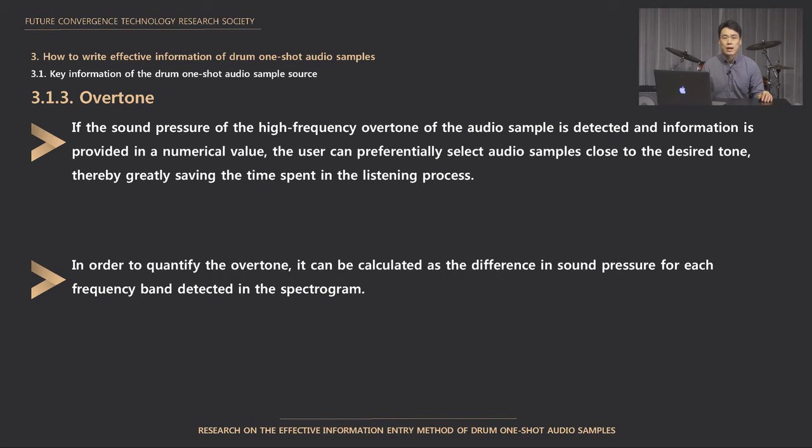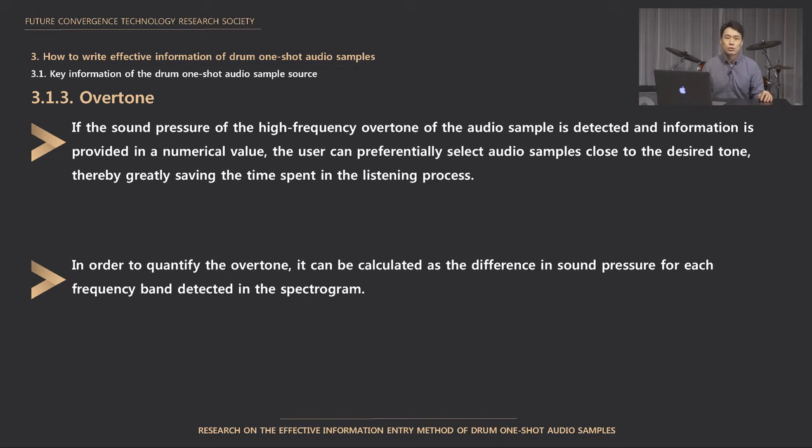Therefore, if the sound pressure of the high frequency overtone of the audio sample is detected and information is provided in a numerical value, the user can preferentially select audio samples close to the desired tone, thereby greatly saving the time spent in the listening process.